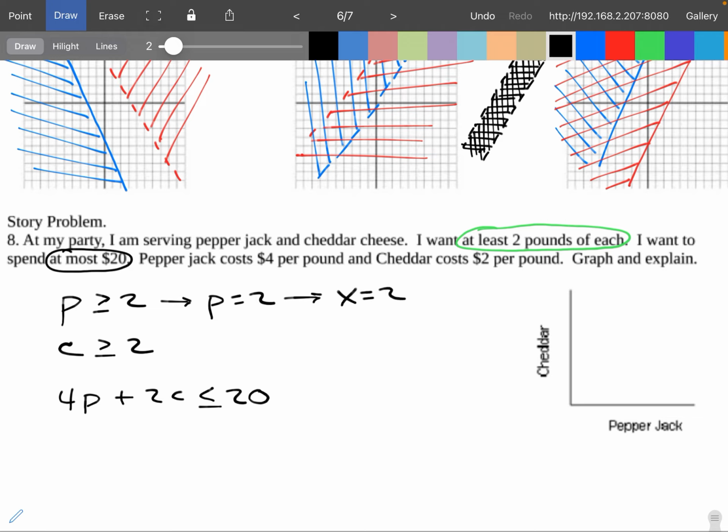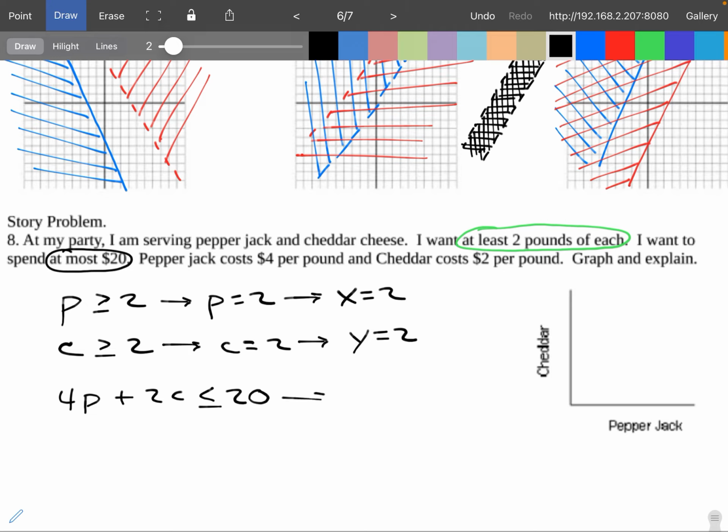Now, when we start to graph these, you got to think a little bit. I said the first step up there on the board is to change the inequality to an equal sign, right? So that means you're going to think of this first one as just P equals 2. But then again, the way I'm setting this up, the P, if you look over here on the right, is the same as your X, right?